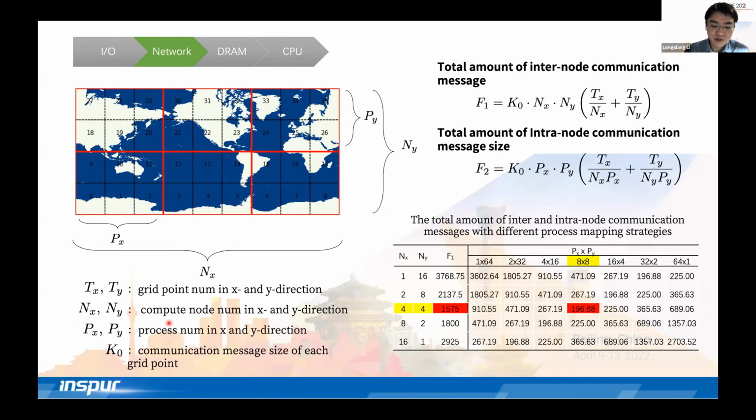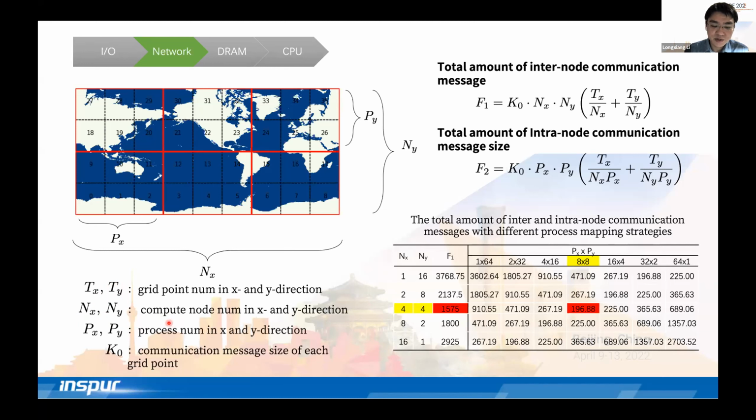In the CPU part, to improve the performance, we directly implement the AVX-512 instruction set to improve the vectorization. In the model, the main computing part is a Helmholtz equation. In the computational loop, the three-dimensional stencil computation is implemented for each grid point.